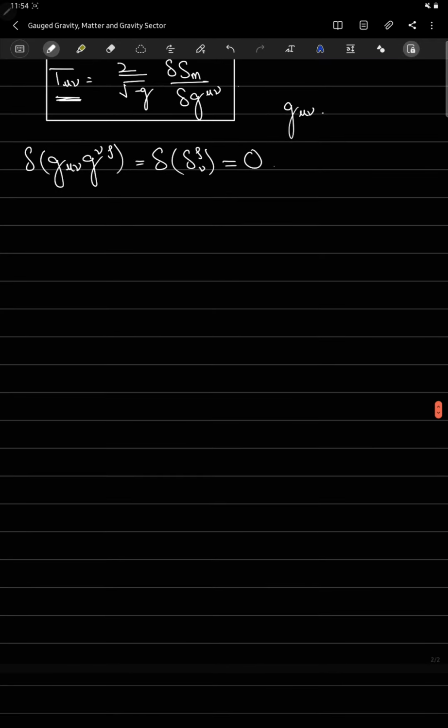Another one is that the change in the field G mu nu is equal to minus G mu rho G nu sigma delta G rho sigma.